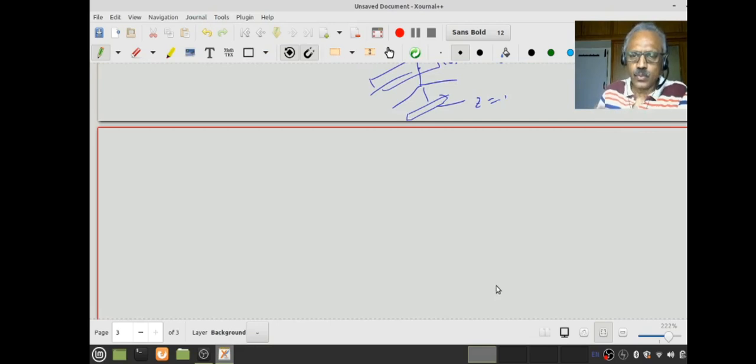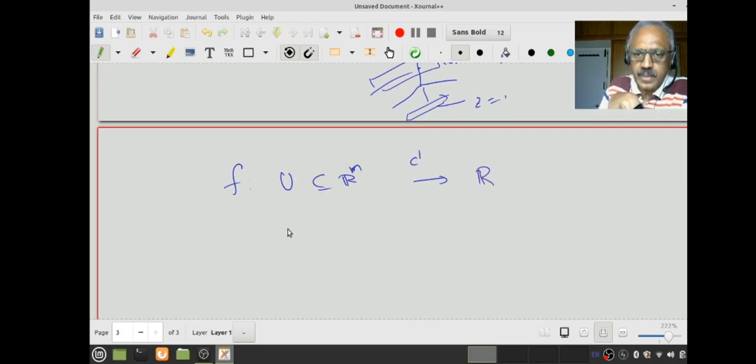So what is the setup? Suppose I have a function f from U in Rn to R, which is C1. Let G also be a function from U to R, which is also C1.